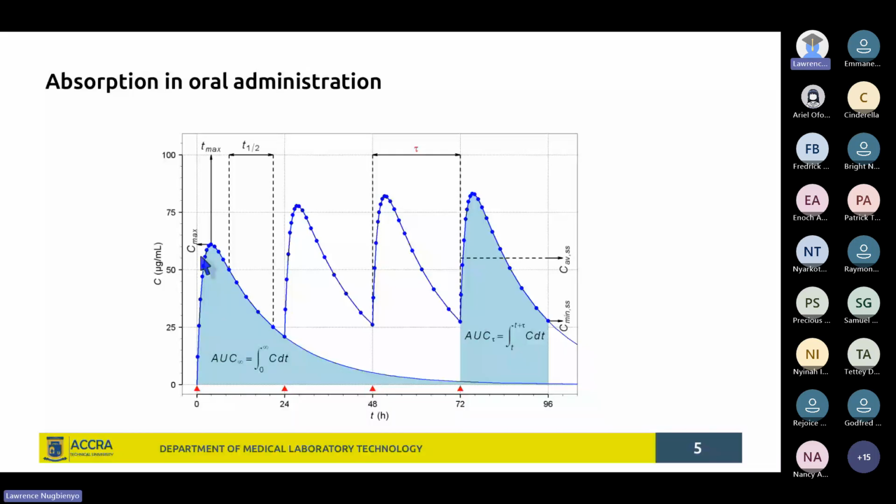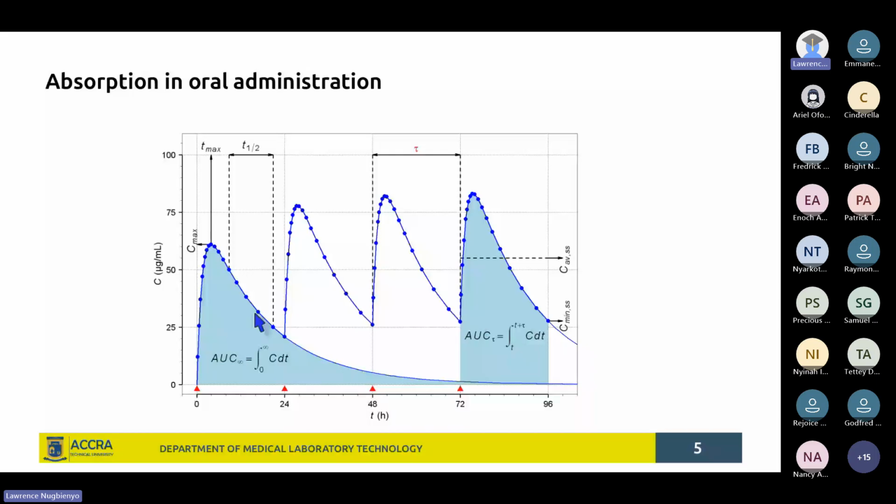And at that point, you should also take into consideration that even as the drug is being absorbed, at the same time, the drug is getting distributed to various organs, various tissues. And at the same time, when the drug begins to get to the liver, it will start undergoing metabolism. So the concentration of the drug will begin to reduce. So that's where you see there's a maximum, and then you see the drug is getting reduced all the way.